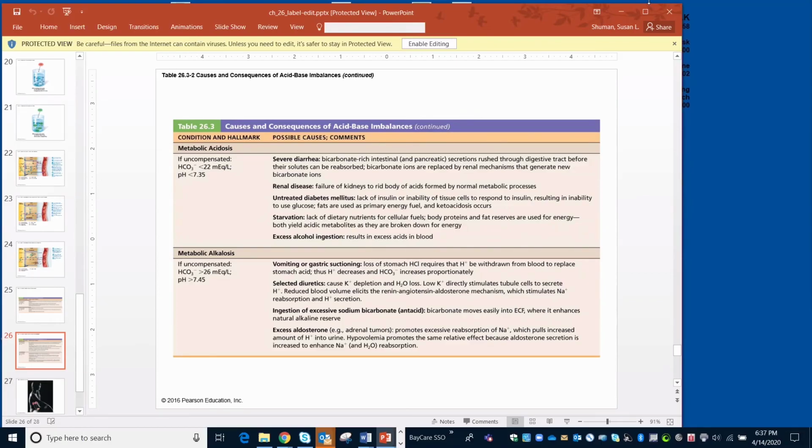If my carbon dioxide is up, I know it's dropping the pH. Is my pH problem on the acid side or the alkaline side? If it's on the acid side, I'm going to blame respiratory. Then I look at the bicarb. If the bicarb is down and the pH is down, I'm going to blame the metabolic system, because dropping the value of bicarb is dropping the pH.